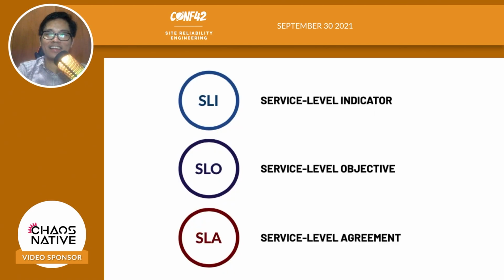So that said, why are these things important? These things are important because the faster we're able to solve problems, the better the system is configured, the better is our capability to manage the SLI, SLO, and SLA.